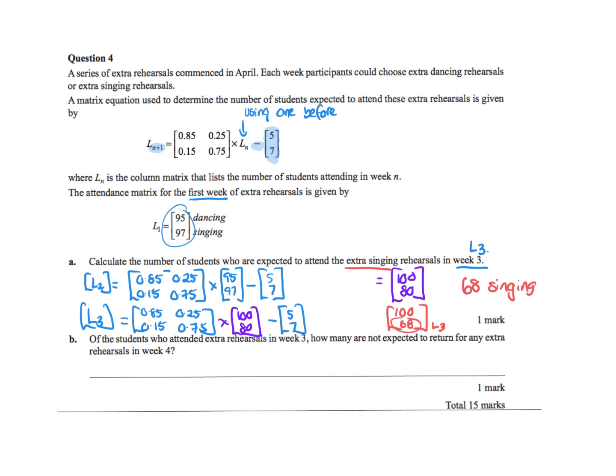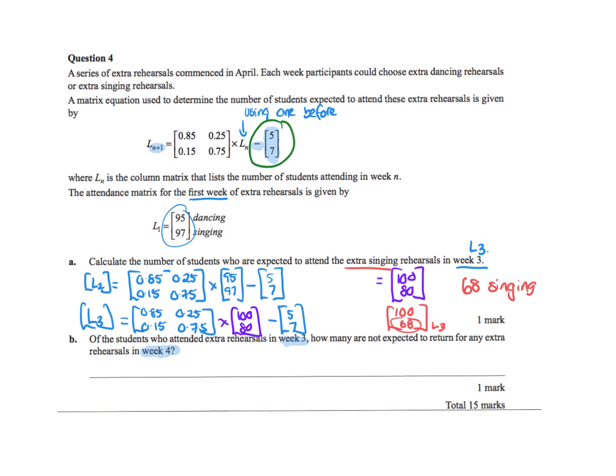Now here, when we get these ones, we just got to make sure we read it. Of the students attending extra rehearsals in week 3, how many are not expected to return in the extra rehearsal week 4? When we have a normal transition scenario, we never lose any. But when you get an extra bit that's either adding or subtracting people, and because it's a minus matrix, we're actually subtracting those numbers.